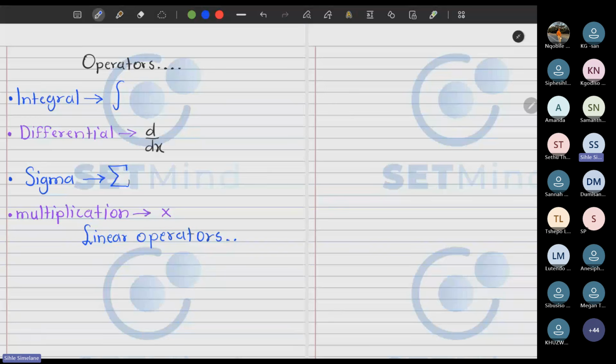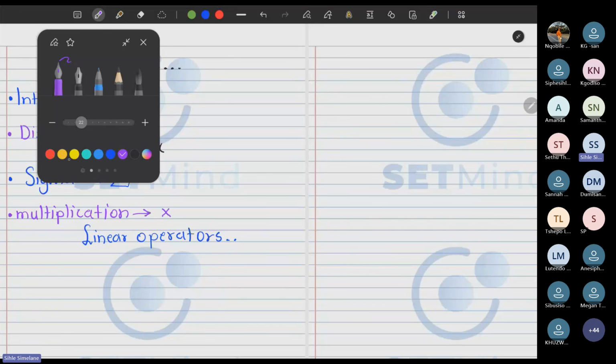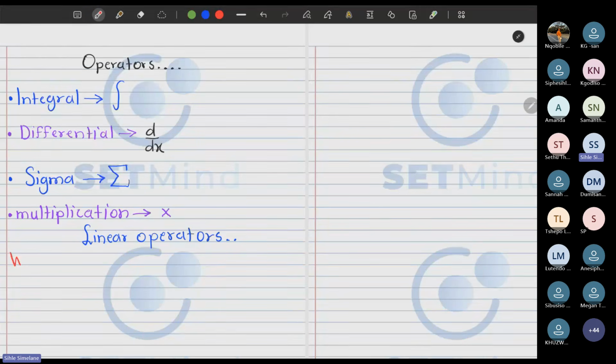So the question you should ask yourself is, when is an operator linear? And this will just be answered in 2 points. So when is an operator linear?